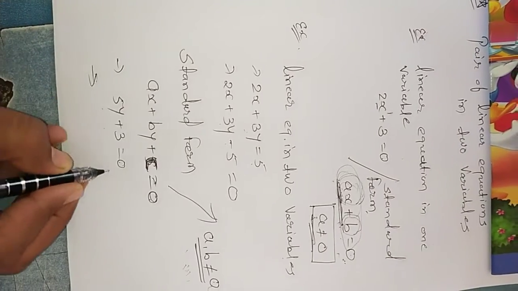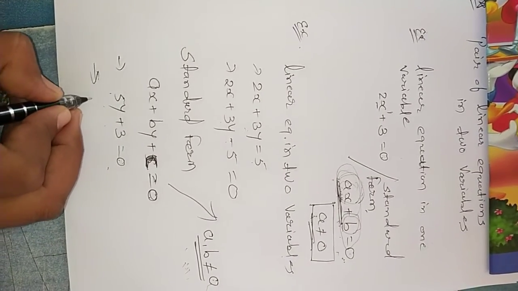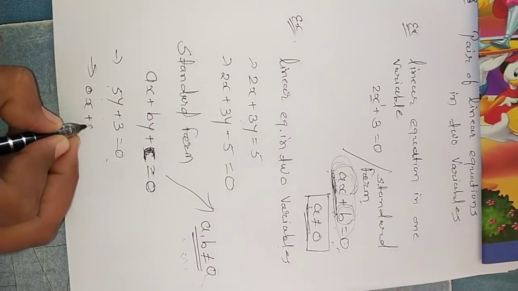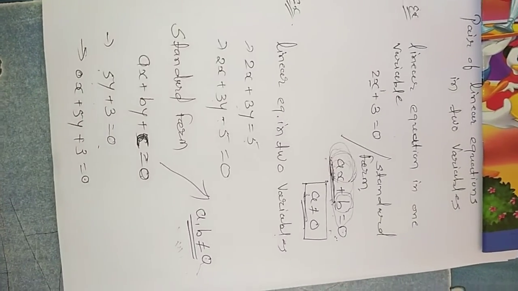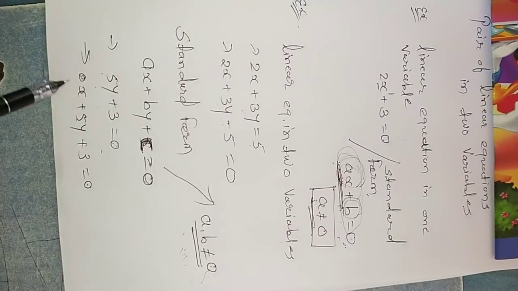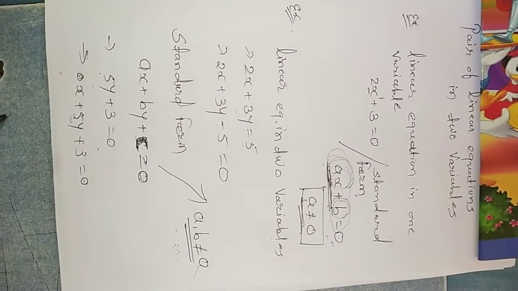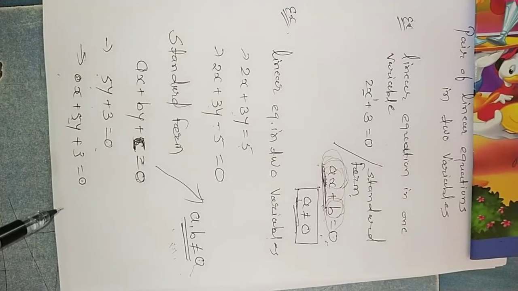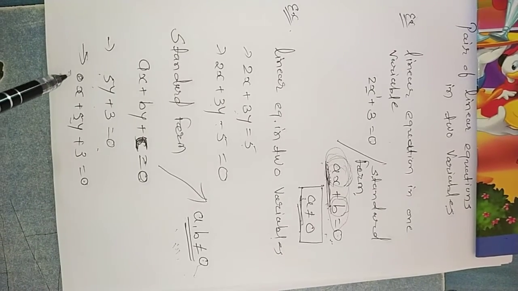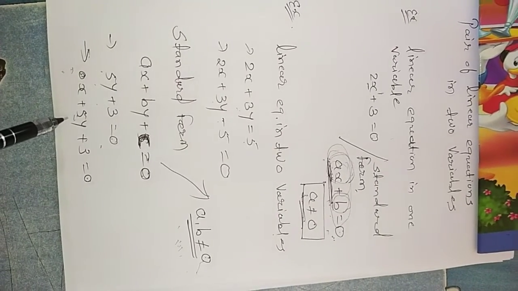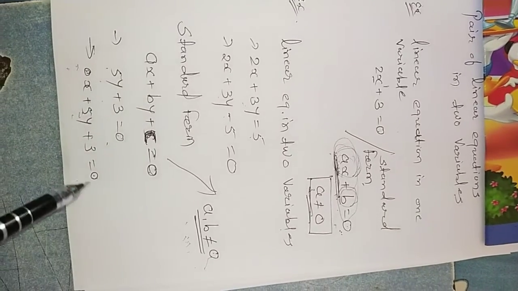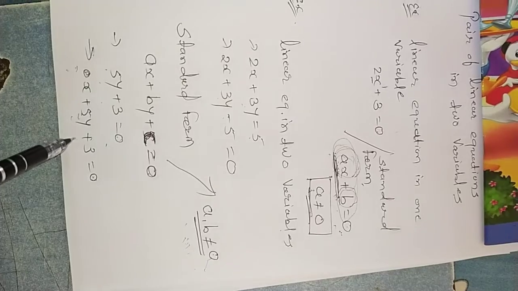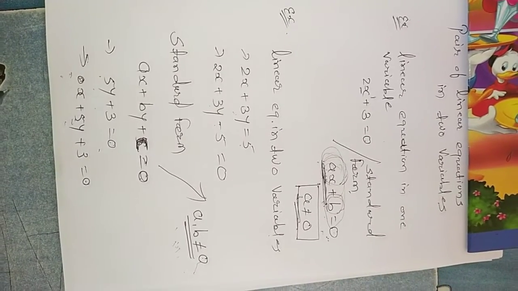I can write 5y plus 3 is equal to 0 as 0x plus 5y plus 3 is equal to 0. Remember that a and b both cannot be 0 at the same time, but either a or b can be 0 in a single equation. Then also you can convert it into a linear equation in two variables.